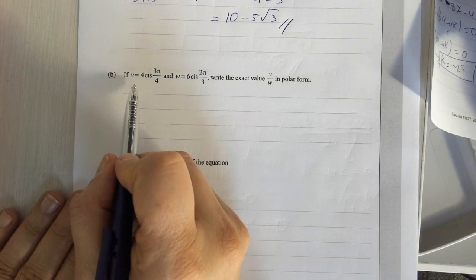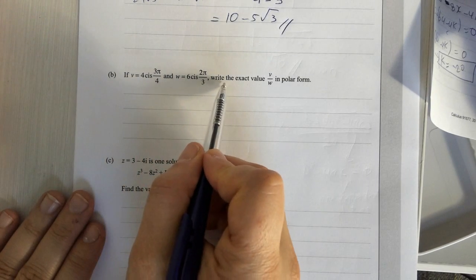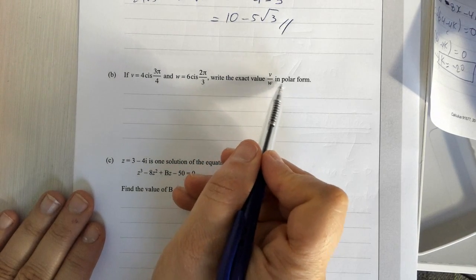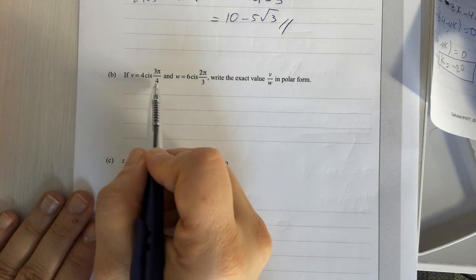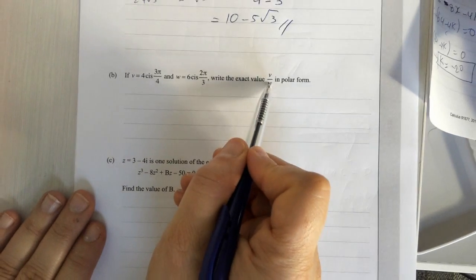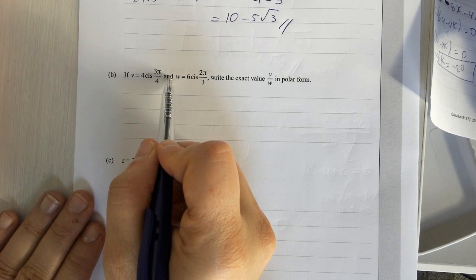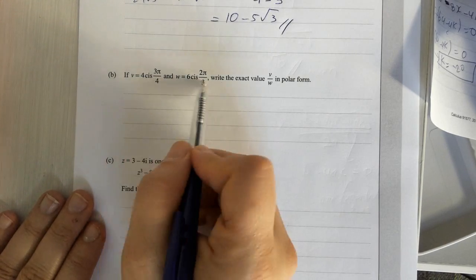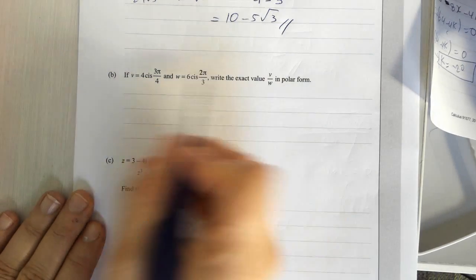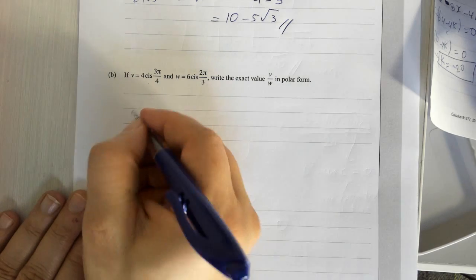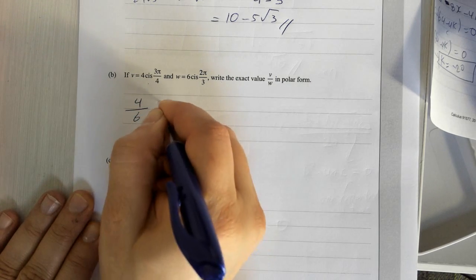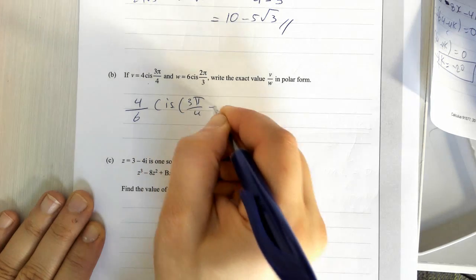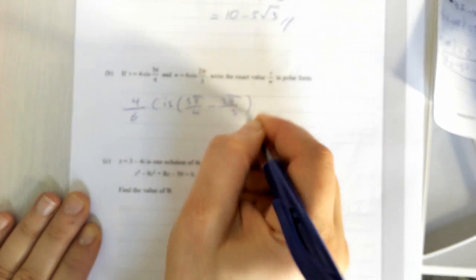Now you've got this question here, part b, write the exact value of v over w in polar form. Because we're dealing with polar form, when you're dividing, we said we're going to subtract the thetas. So you've got u over v, so it's 4 over 6, so 3 pi over 4 minus 2 pi over 3.